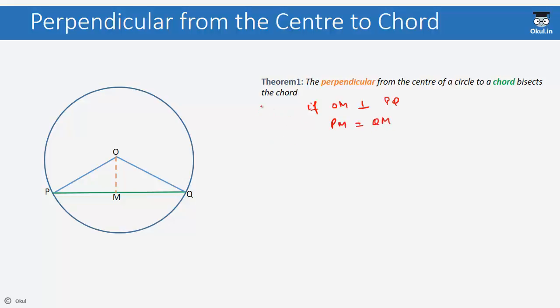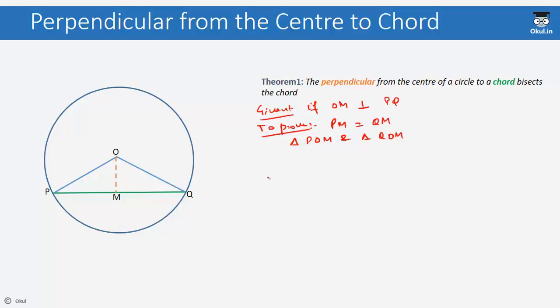So this is what we have been given, that is OM is perpendicular to PQ, and this is what we have to prove. Now in order to prove, let us take two triangles, that is triangle POM and triangle QOM.